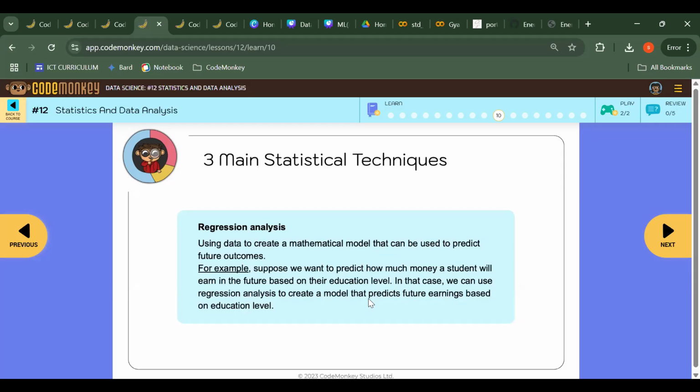Let's say if you finish middle school, maybe you will earn 15,000. If you finish high school, maybe you will earn 20K. And if you finish college, maybe you will get 40,000. We are using regression with this kind of data. If someone is studying more, they might earn more later. This is regression, looking at how the education level and the money earned are connected.